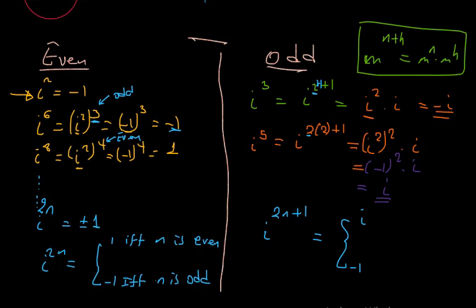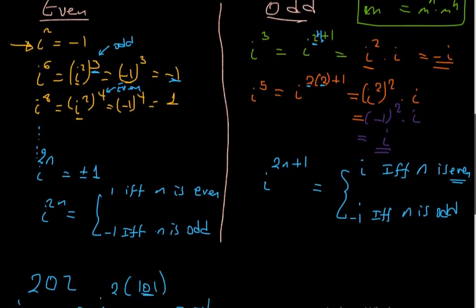When do you think it will be positive i? If and only if the value of n is even. It would be negative i if and only if the value of n is odd.